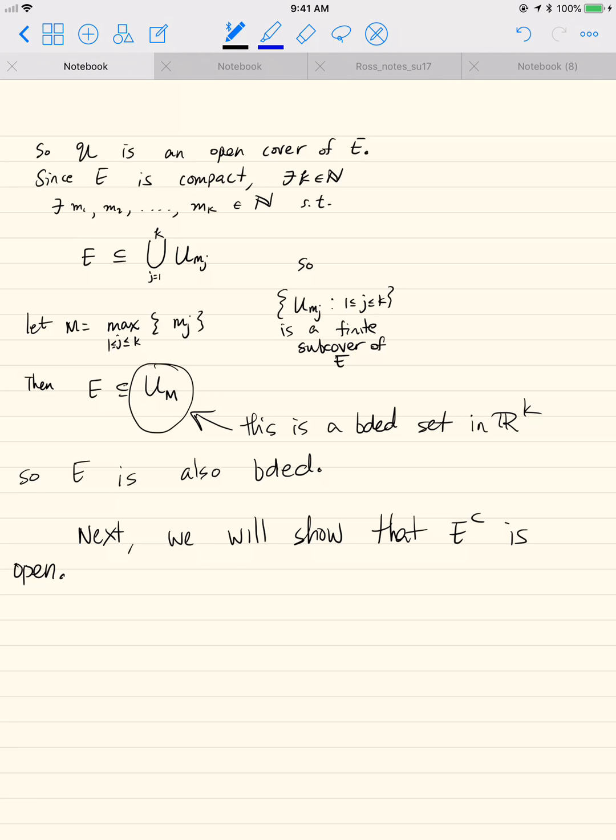Remember, a set is open if it's equal to its interior.